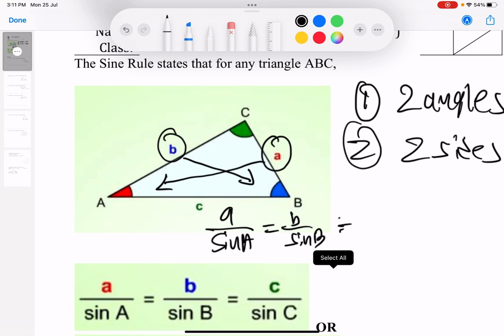And likewise, it is C over sine C, the length C over the sine of angle C. If this is a little confusing, don't worry, because when we do some worked examples later on, it will be much clearer.